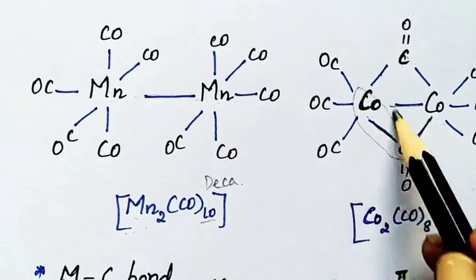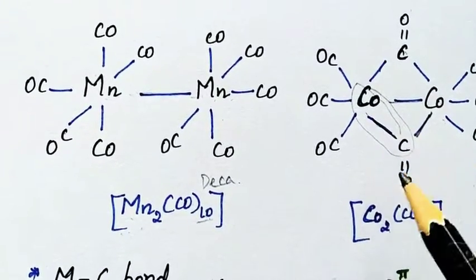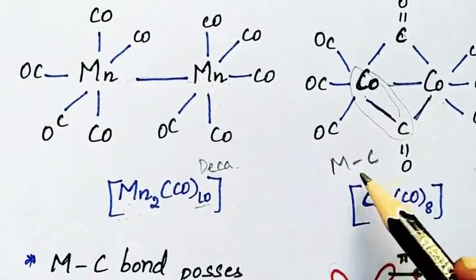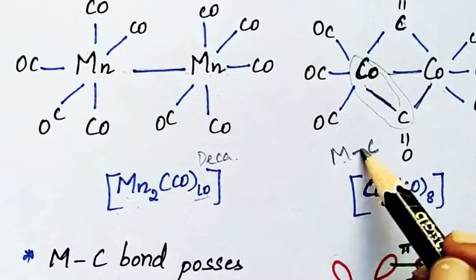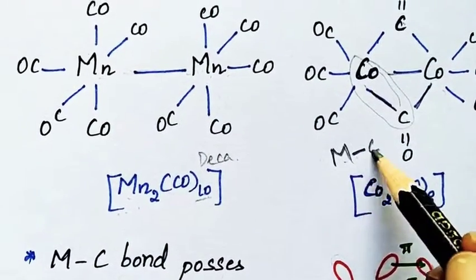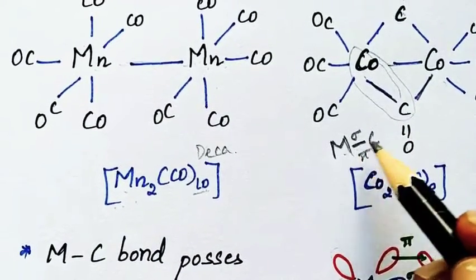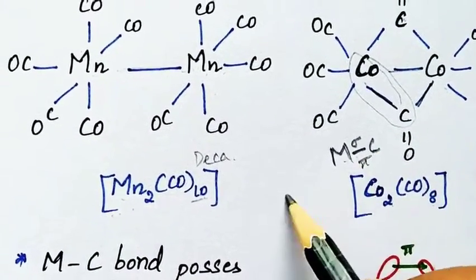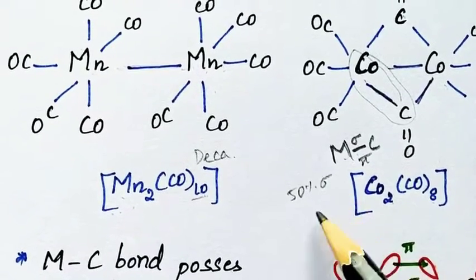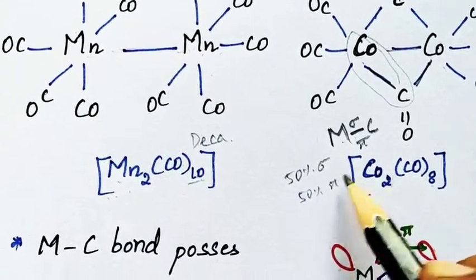This is very important. This metal-carbon bond may be sigma or pi, or it can have 50% sigma character and 50% pi character.